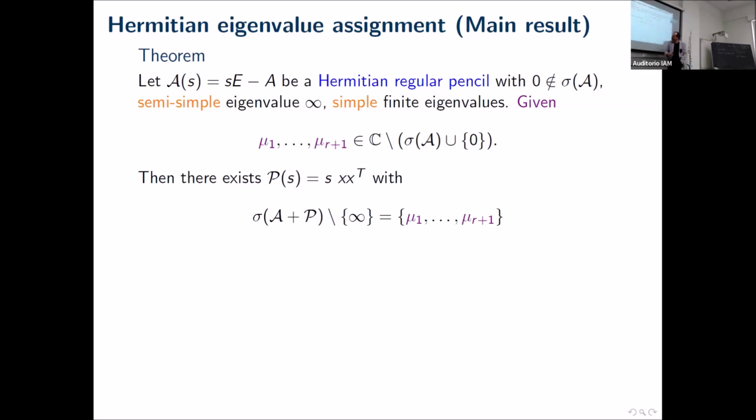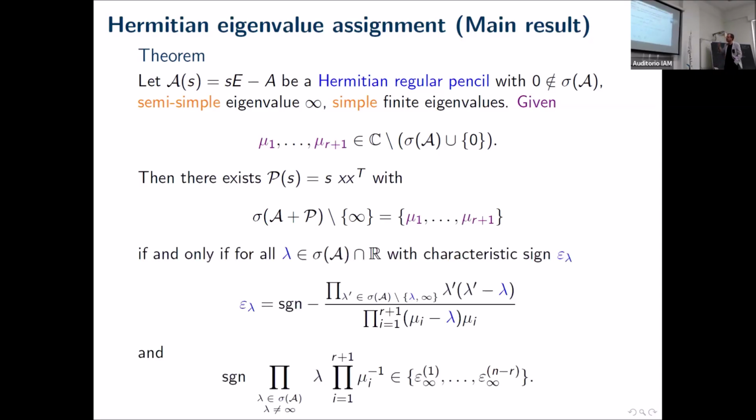There exists such a one-dimensional perturbation with the desired spectrum if and only if... and now comes something I don't want to go into in detail. We make some products running over the spectrum and so on.